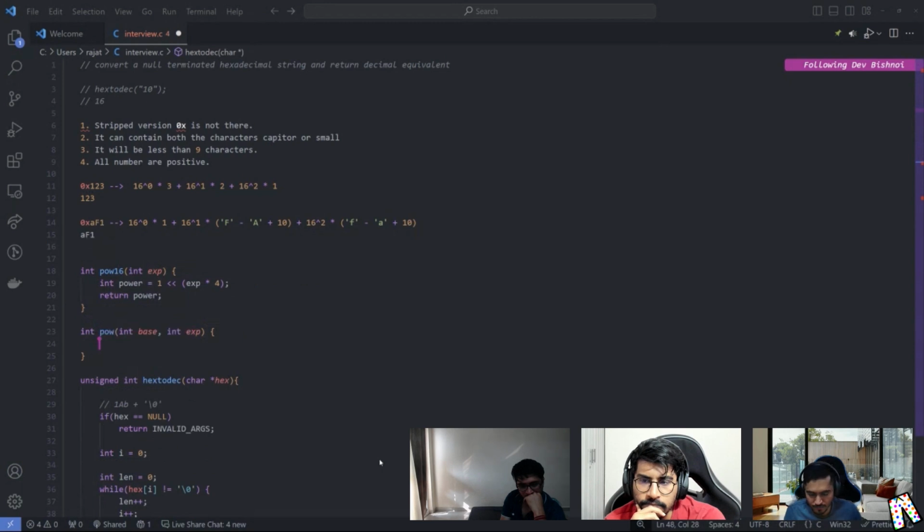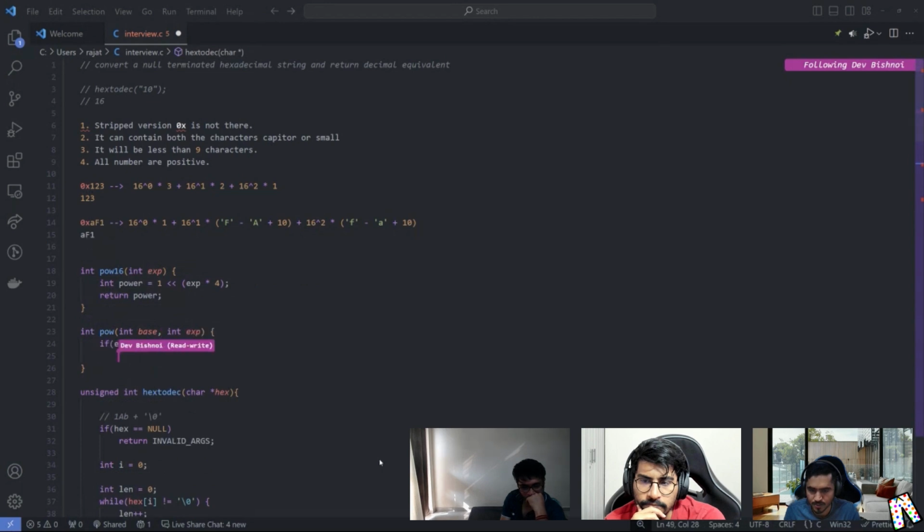It's like if your exponent is odd, what you typically do is return base to the power exponent. So let's say base is 5 and the power is 3, so 5 into 5 into 5. That's what I need to do.